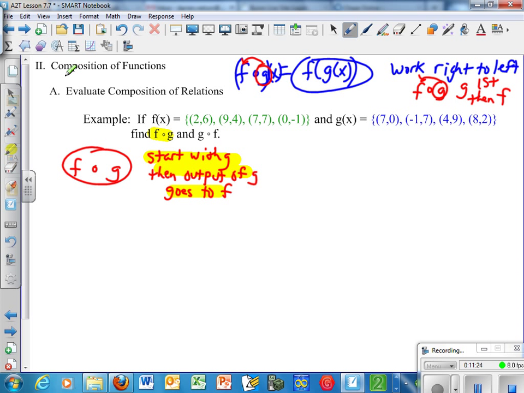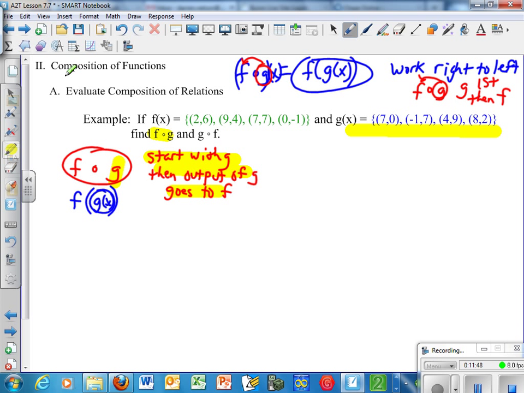So I want to start with function g. And again, f of g means f of g of x. We're starting with function g. So if I look over here, we're starting with g, these ones over here.